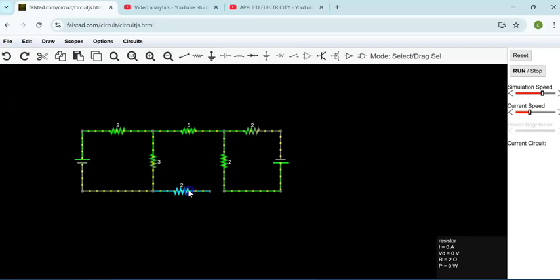There was a 2 ohm down there, so I just connect that circuit. Then to find the current here, we realize that the current through that resistor is 2 amps. So our current through that resistor becomes 2 amps. So this is how we use our simulations to confirm our answer.